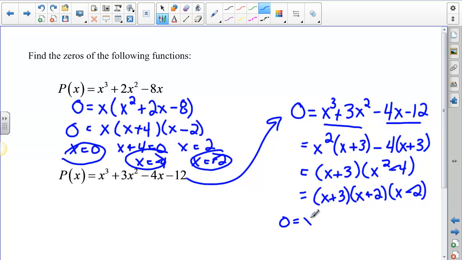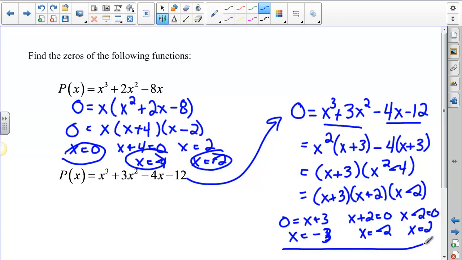X plus 3 equals 0, x plus 2 equals 0, and x minus 2 equals 0. Gives me x equals 2, x equals negative 2, and x equals negative 3. Whoops. And those are my zeros.